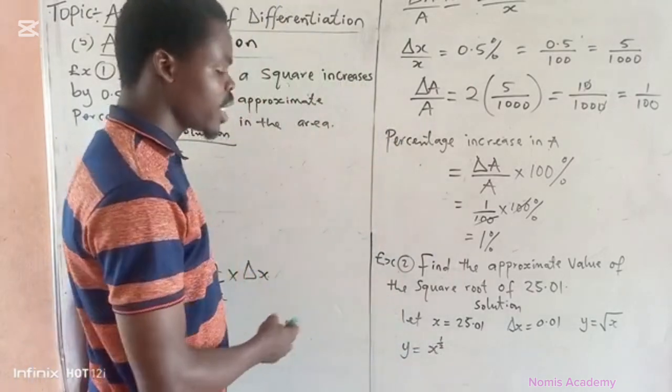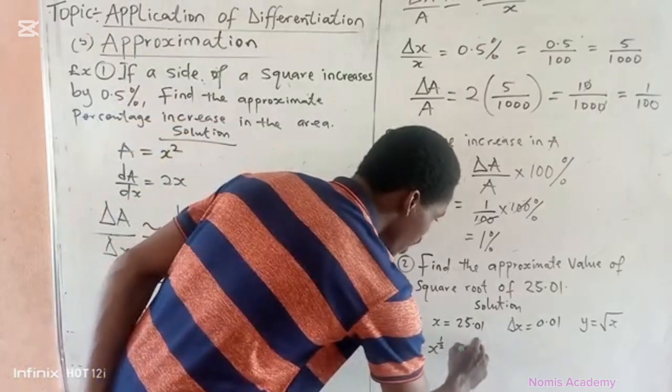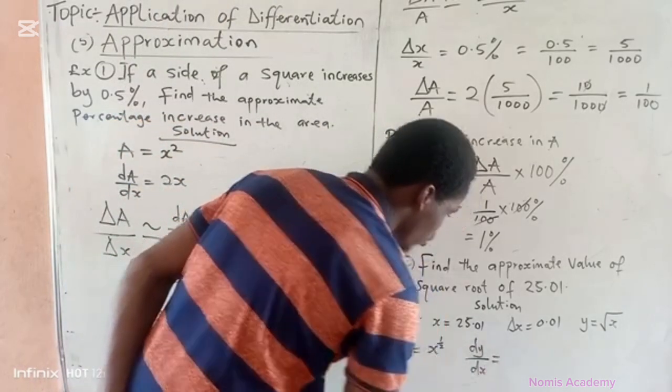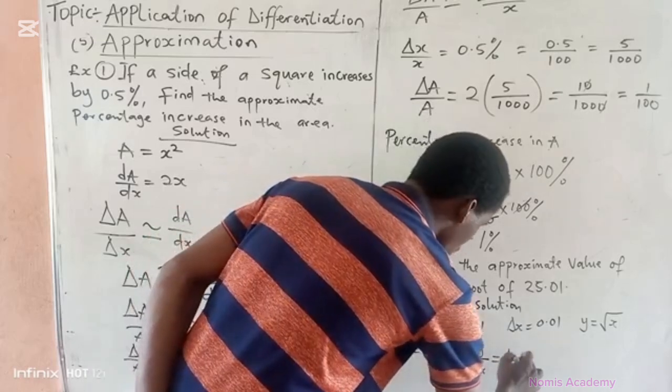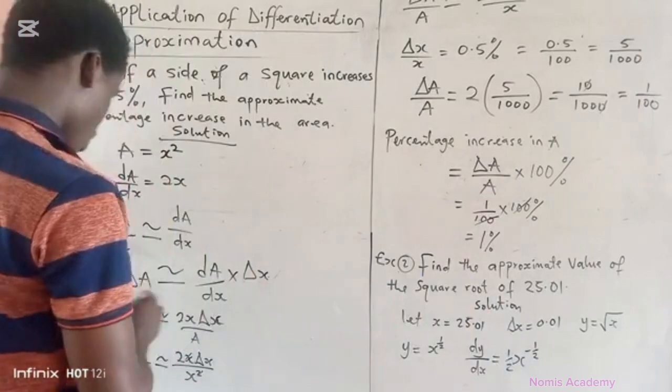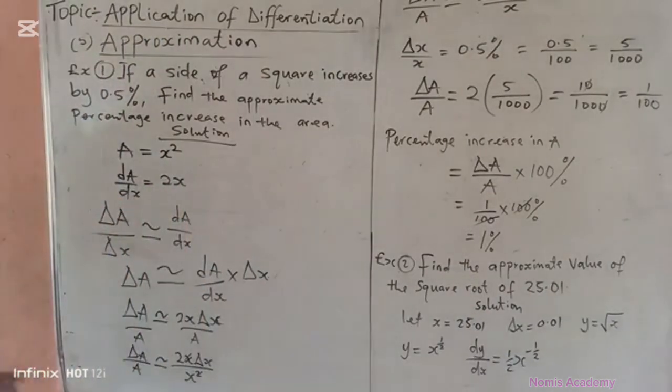Now to find the derivative of the function, we have dy over dx, which is equal to 1 over 2 x raised to the power of minus half.